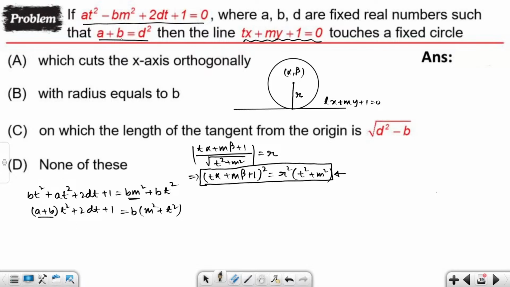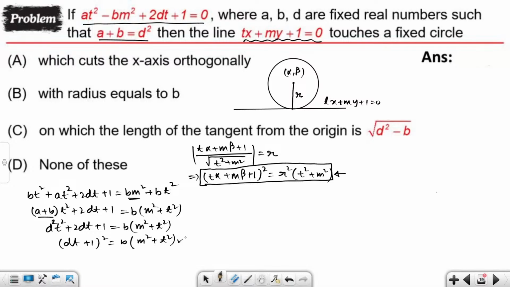Now, a plus b is nothing but d square, which is given. So it's d square t square plus 2 dt plus 1 is b times m square plus t square. So it is coming like dt plus 1 whole square is b times m square plus t square.